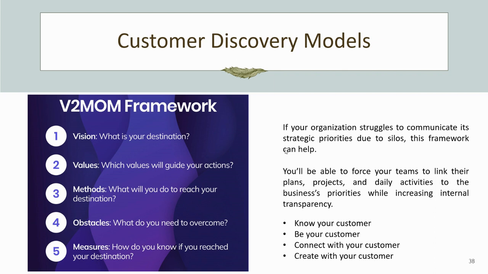You will be able to force your team to link their plans and projects on a daily basis, right? So you have to prioritize first, right? To seek that internal transparency, to increase that particular internal transparency in your organization, right?